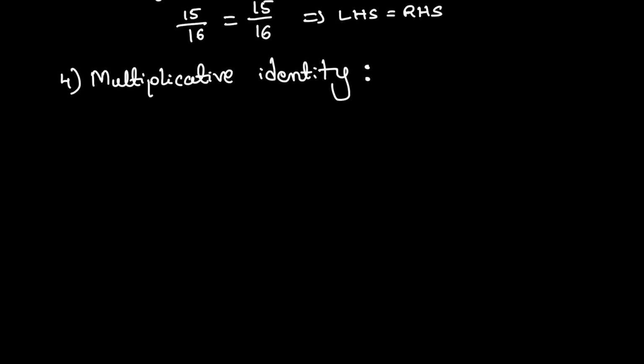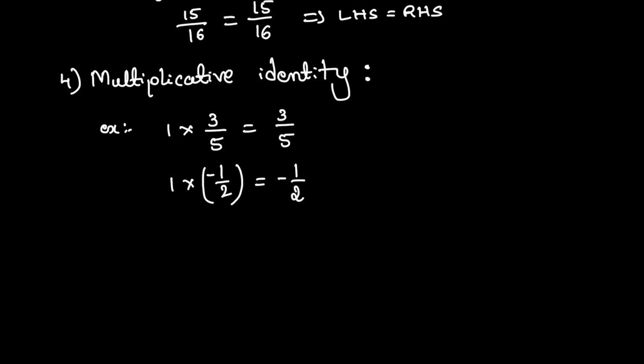Multiplicative identity for the rational number is 1. 1 into 3 by 5, we'll get again 3 by 5. 1 into minus 1 by 2, again we'll get minus 1 by 2. So you can see a few examples.